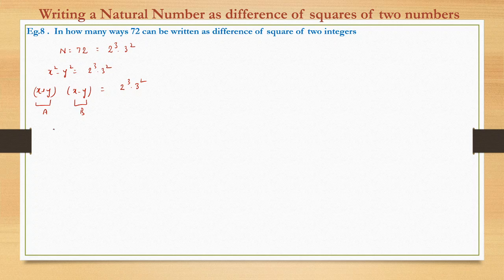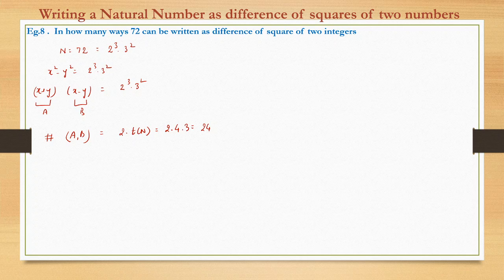Now we can write this as the number of solutions of (a, b), and this is an ordered pair, because x plus y and x minus y can take different values interchangeably, but x and y are integers, so a and b can be both negative and positive. So the number of ways would be 2 times the number of factors, which is 2 into 4 into 3, that is 24.